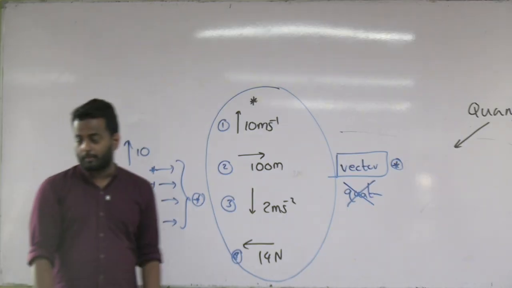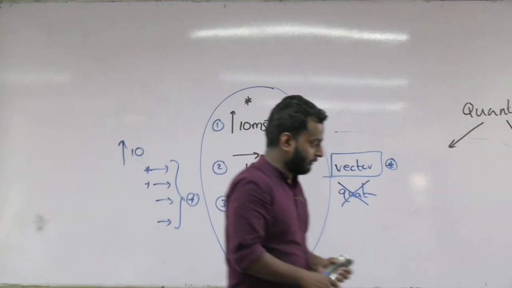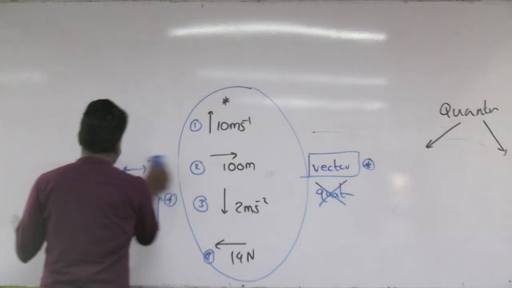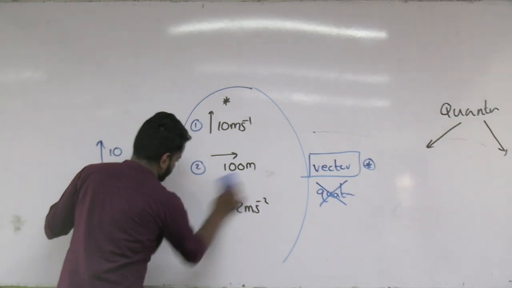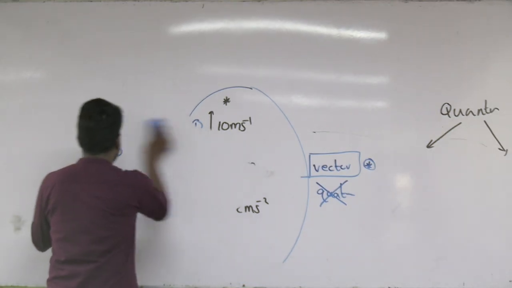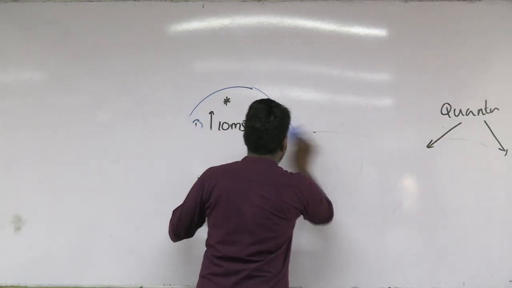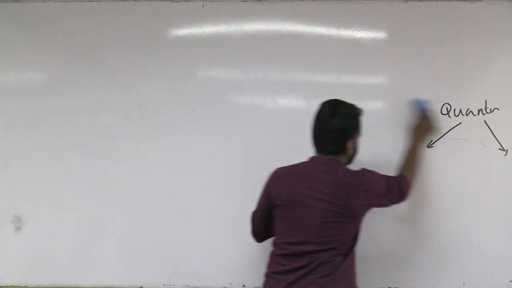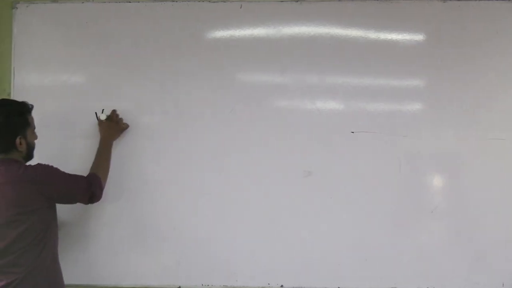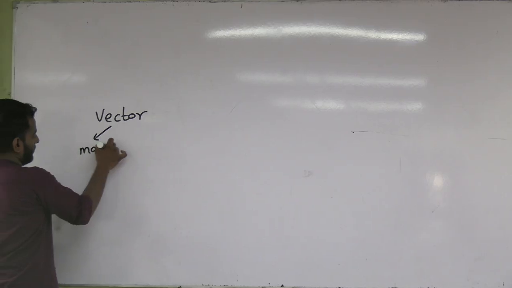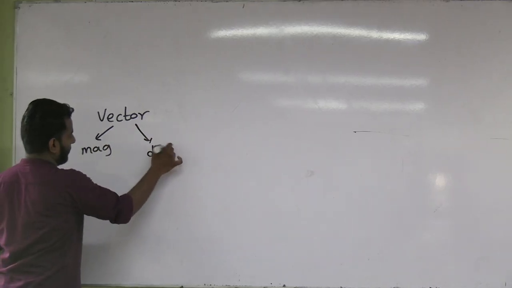We'll write a subtopic: representation of vectors. Now we studied that vectors have both a magnitude and a direction.